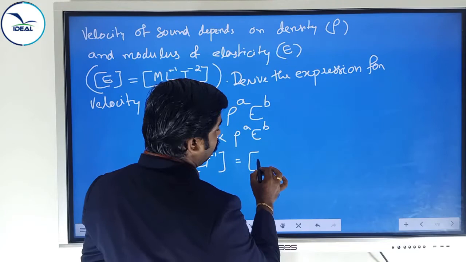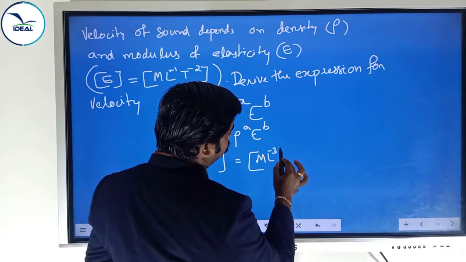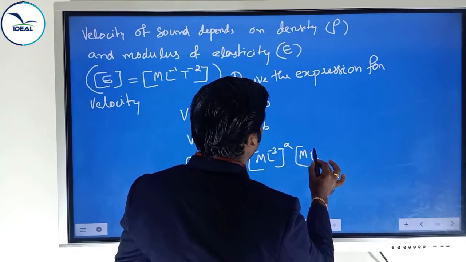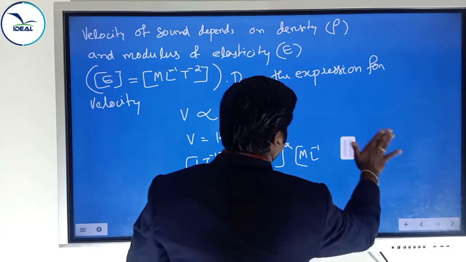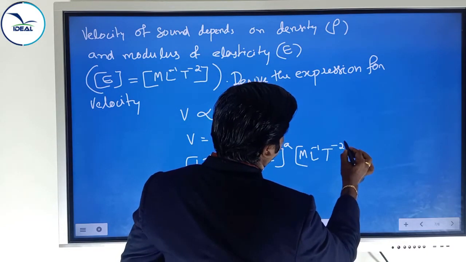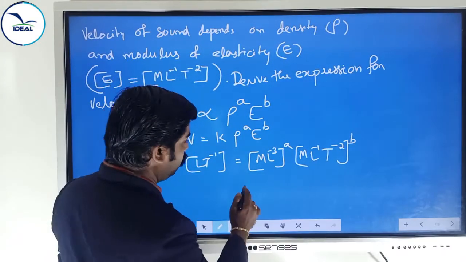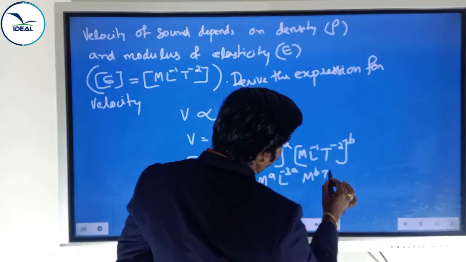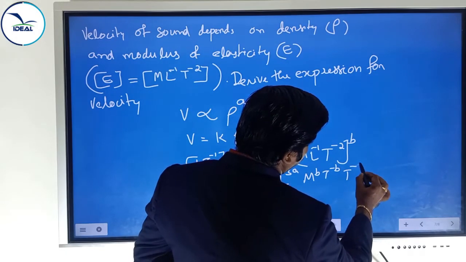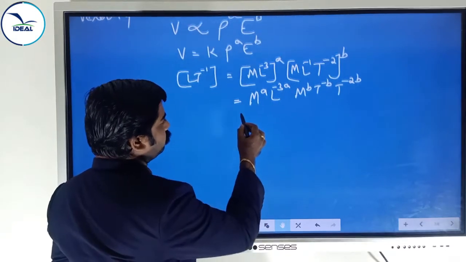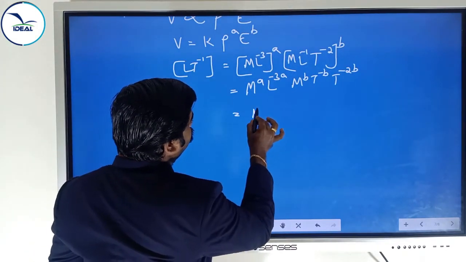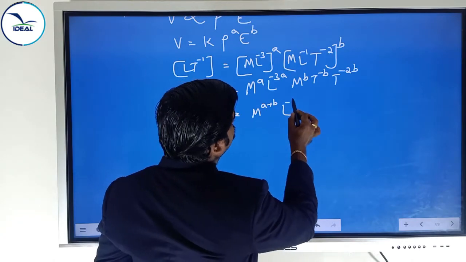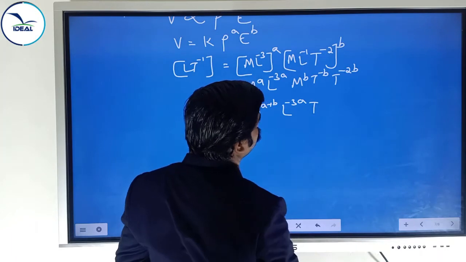Rho is mass by volume, so M L raised to minus 3, all raised to A, and for E we have the dimension M L raised to minus 1 T raised to minus 2, all raised to B. We can solve this: M raised to A, L raised to minus 3A, M raised to B, L raised to minus B, T raised to minus 2B.